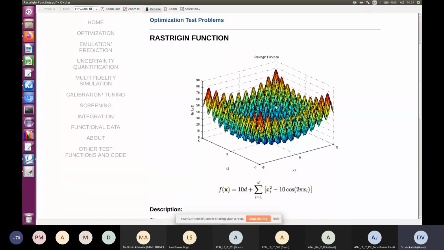We can't simply search for an optimal solution continuously for one month or one year. You might be wondering how much time it will take to optimize this problem. Let us take this Rastrigin function. With an exhaustive procedure, it might take years to find an optimal solution.